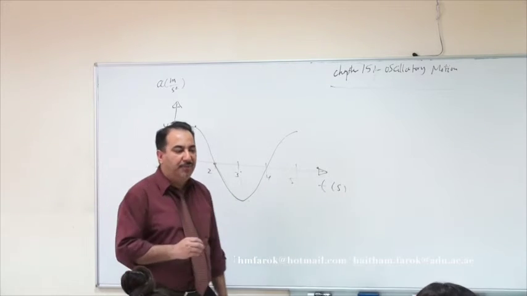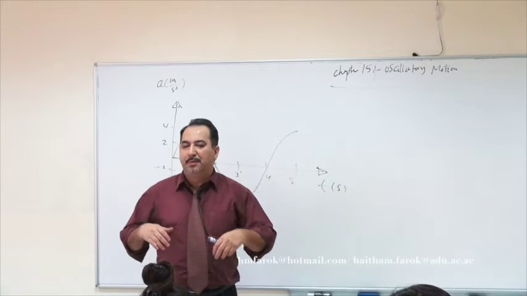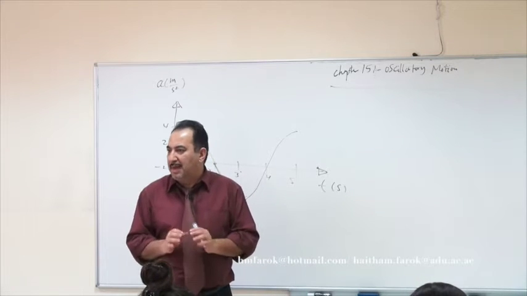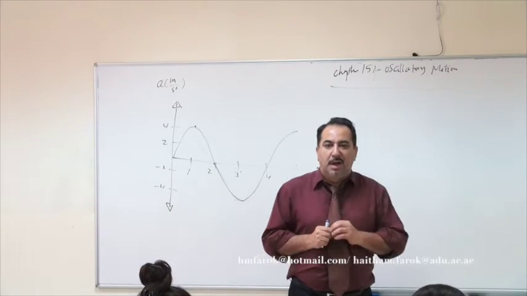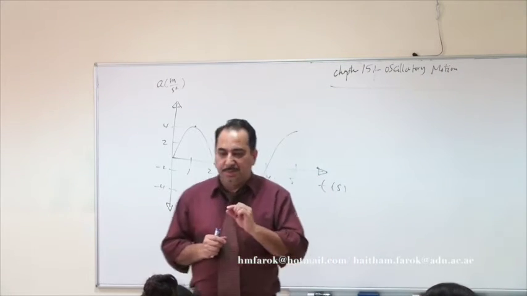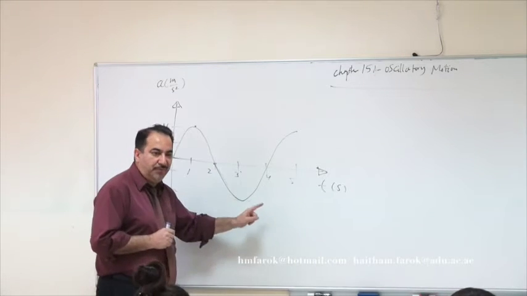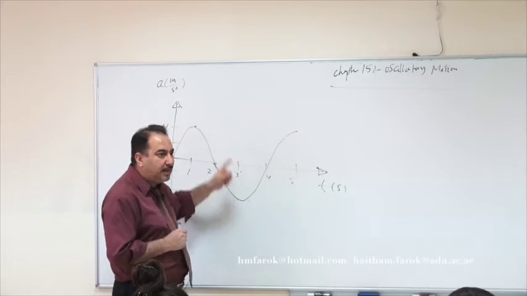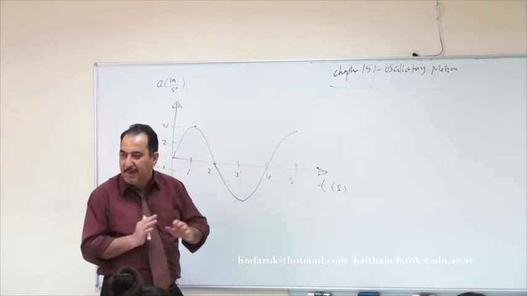Now, if you have a graph, acceleration time, velocity time, or position time, it doesn't matter, in all these three, the first thing you have to think of is a very important piece of information. Concentrate on this. Each time you have a graph, a-t or v-t or x-t, doesn't matter.